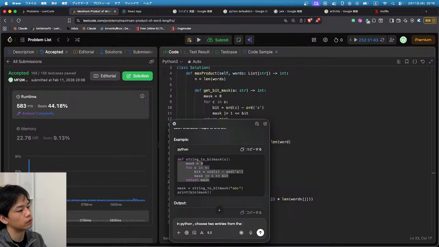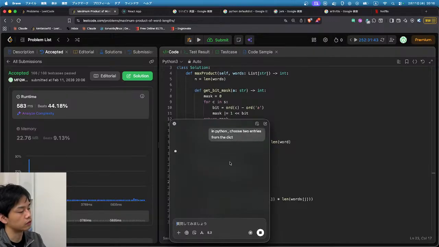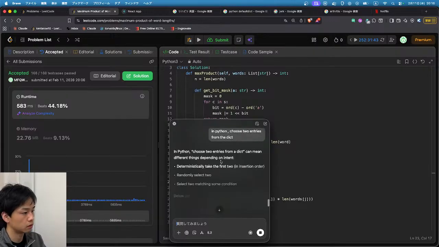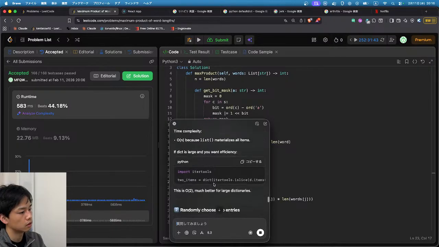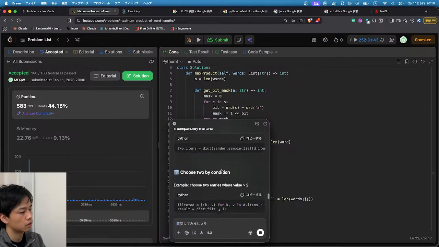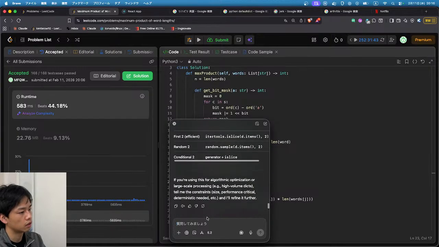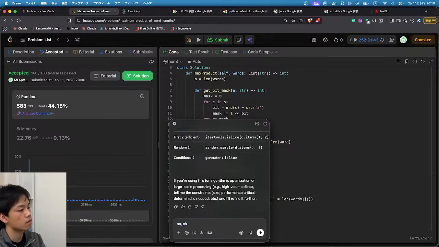Choose two entries from the dict. All combinations.